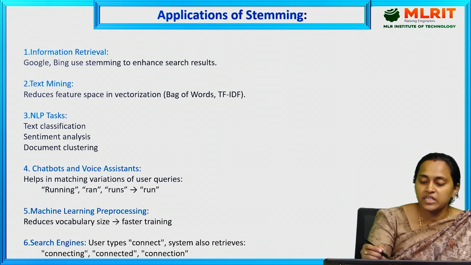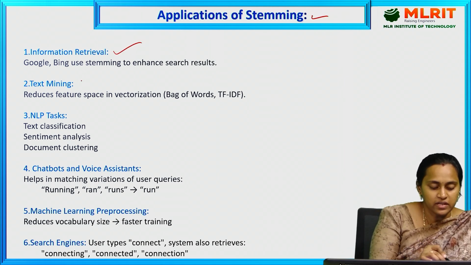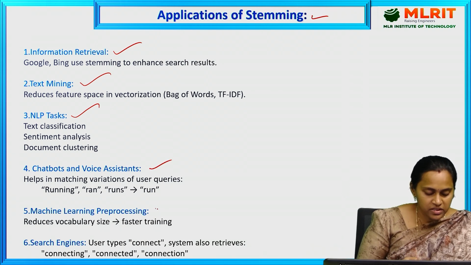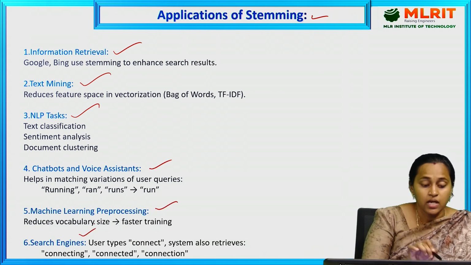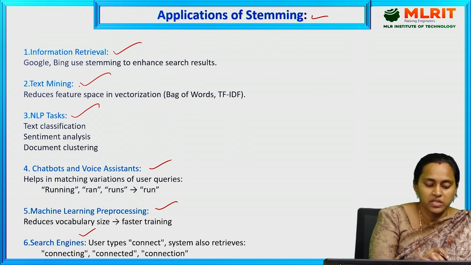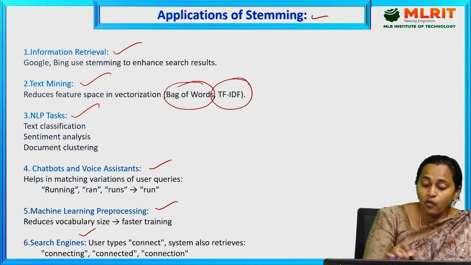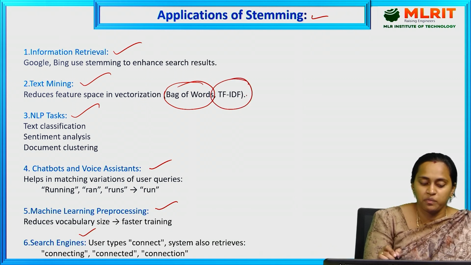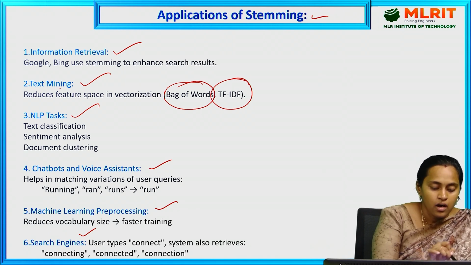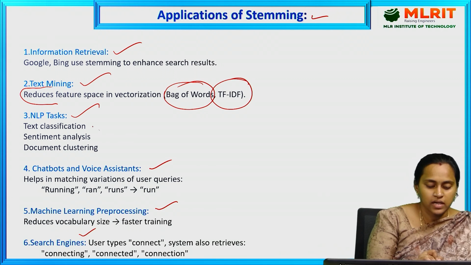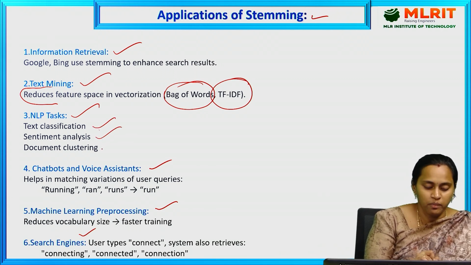Let's see the applications of stemming: information retrieval, text mining, NLP tasks, chatbots, machine learning pre-processing, and search engines. Information retrieval means we are getting information, right? Text mining reduces the feature space in vectorization, using what we discussed in previous videos: bag of words, TF-IDF, term frequency and inverse document frequency. NLP tasks include text classification, sentiment analysis and document clustering.